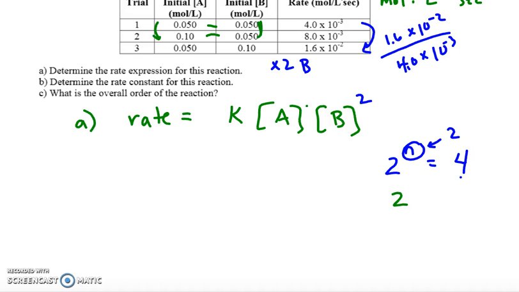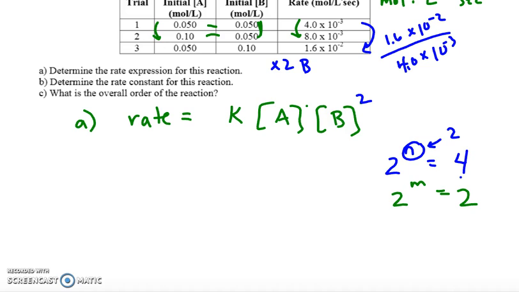So let's go do our little scratch work. If we double A, what's the effect? What power do we have to raise that to get the corresponding increase in the reaction rate? Okay, so what we see here is that going from the rate of reaction 1 to reaction 2 is also a doubling, right?